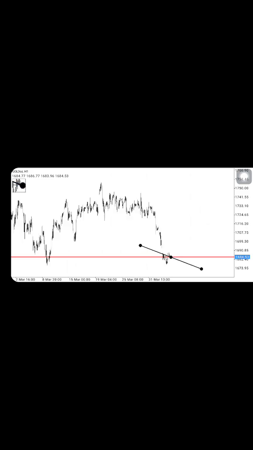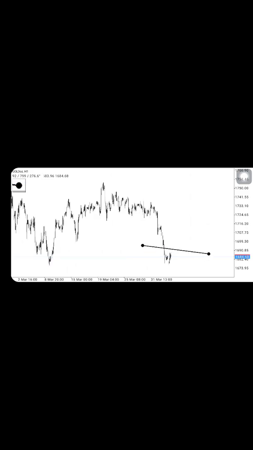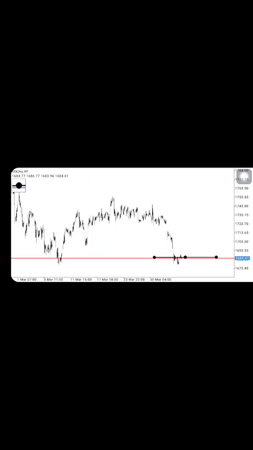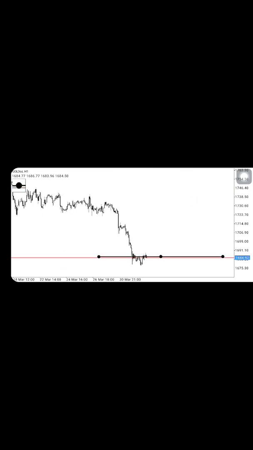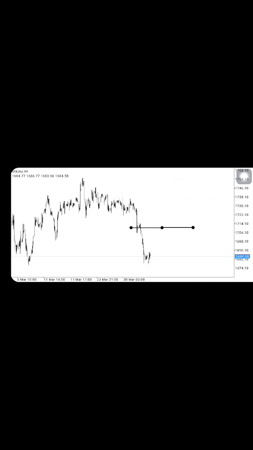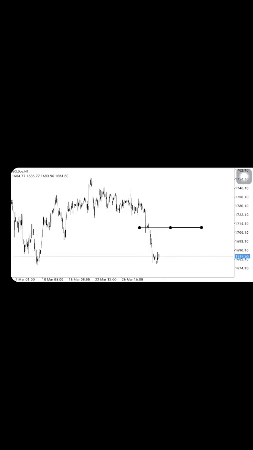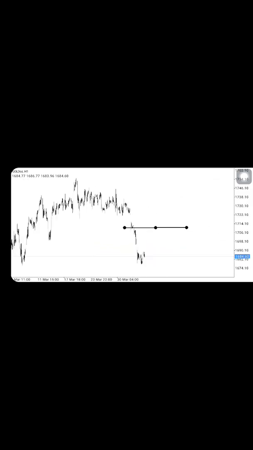You're looking to enter only once it breaks this. Once it breaks above that, we'll be looking to buy until somewhere here. If it doesn't break that, we can't do anything right now. So that's that, guys.